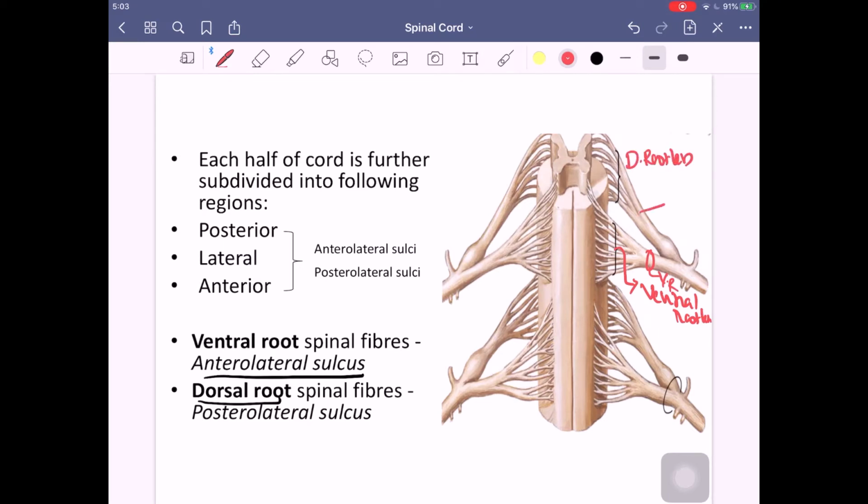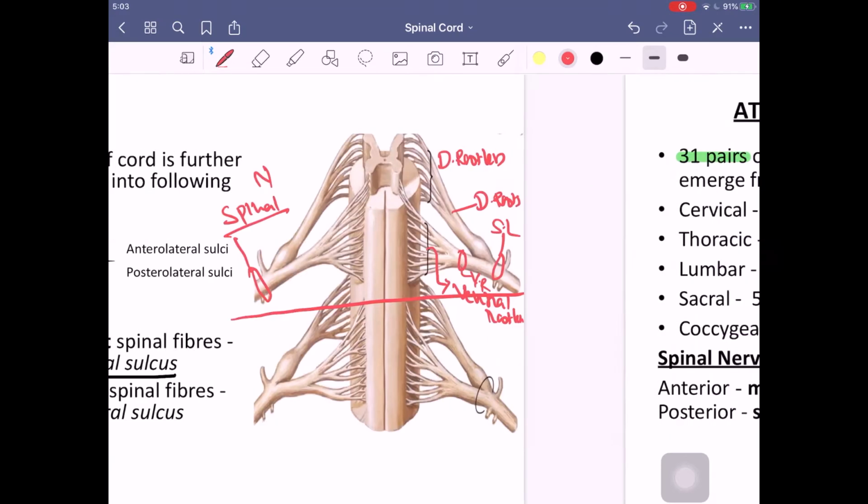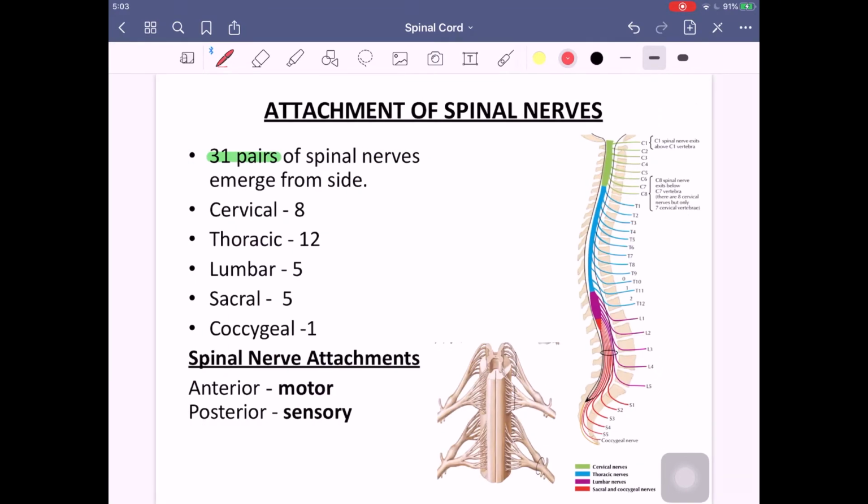The same way these are your small dorsal rootlets, and this is your dorsal root. Both ventral and dorsal combine and form your spinal nerve. So there is one spinal nerve on the right side and one spinal nerve on the left side. There is a pair of spinal nerves coming out from each side, so we have 31 pairs of spinal nerves emerging.